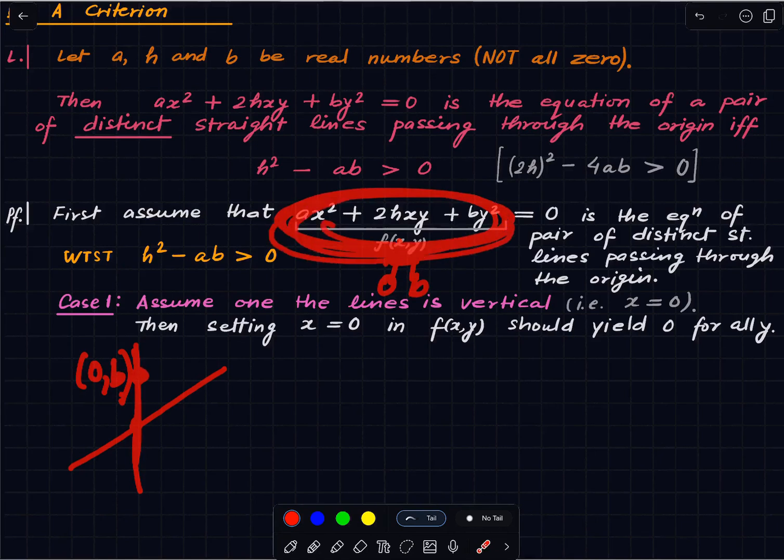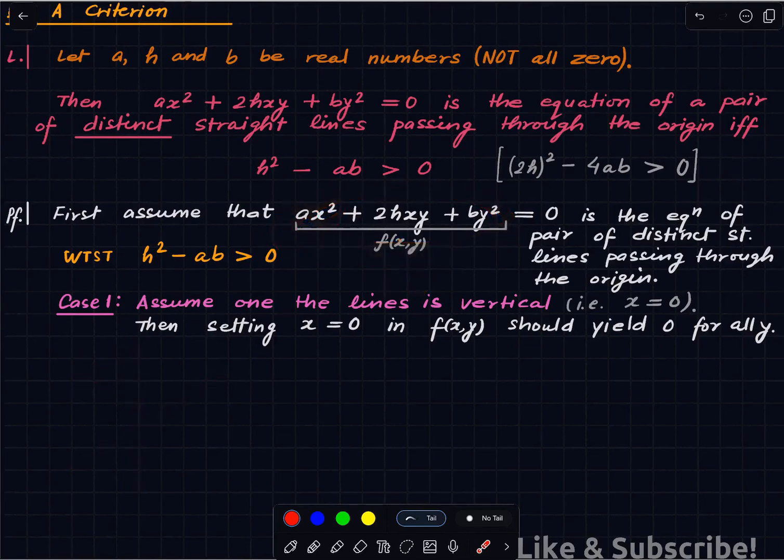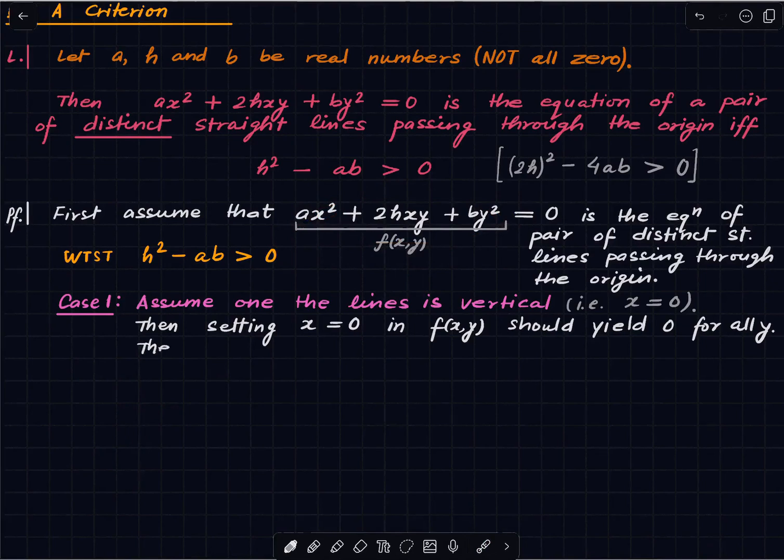But this is true for all b, and hence all this is saying is that if you substitute x equals 0, then you should get 0 for all y. So this expression becomes identically 0. Okay, so all we are saying is that therefore we get by square equals 0, for all real y.